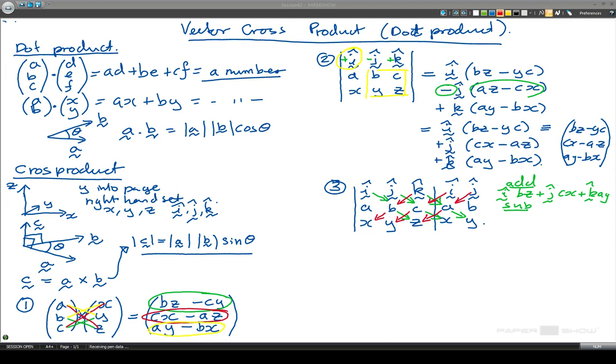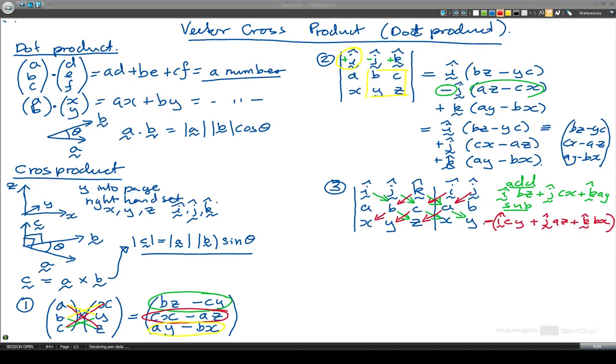So all of them are minus: minus i c y, and I'm going to put plus in here, but it's still got the minus sign on the outside. j hat is az, and again we're taking away, for the k hat, bx. So that's just another way of solving the determinant.